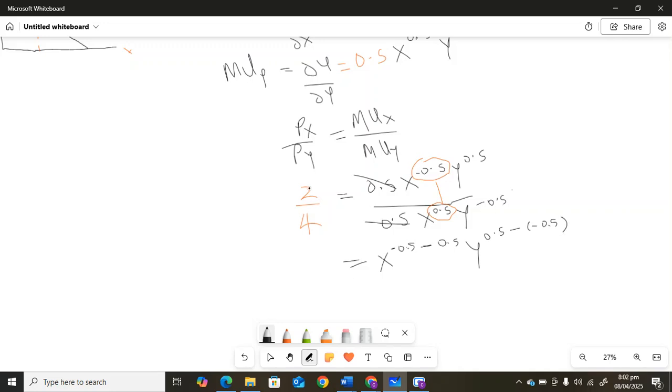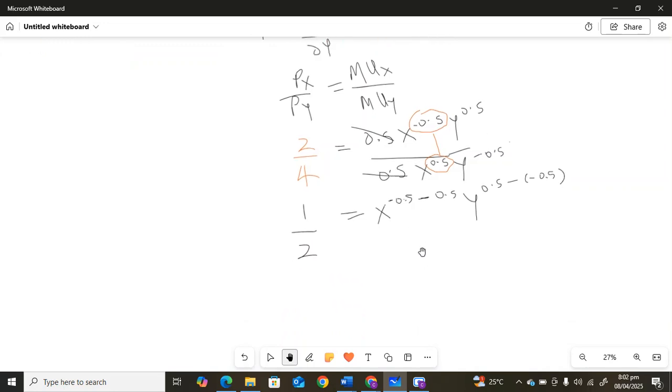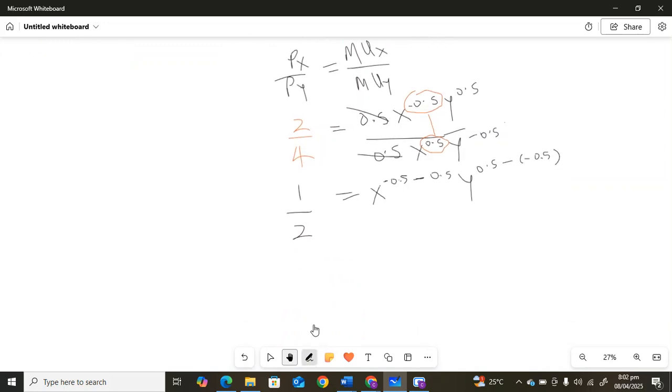Here this 2 over 4 can be simplified as 1 over 2. So we solve: 1 over 2 equals, negative 0.5 minus 0.5, that's negative 1. So we have x to the power negative 1. 0.5 minus negative 0.5, that is 1.